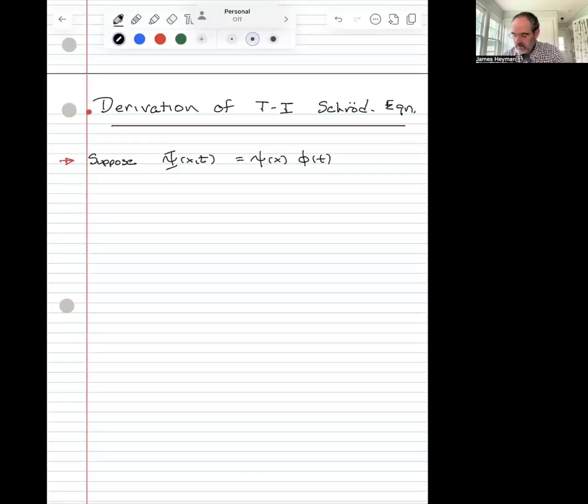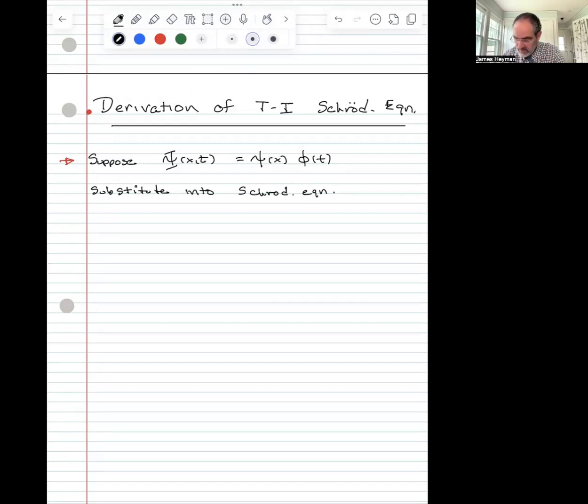All right, let's suppose we're in a situation where our wave function can be written in separable form. We know that's only true if the potential energy is time independent. But nevertheless, if that's true, then we can substitute this into the full wave equation.